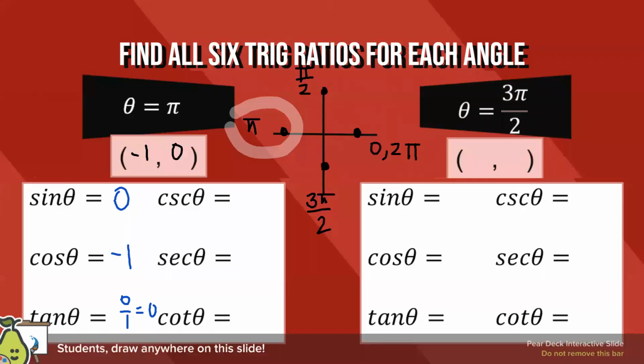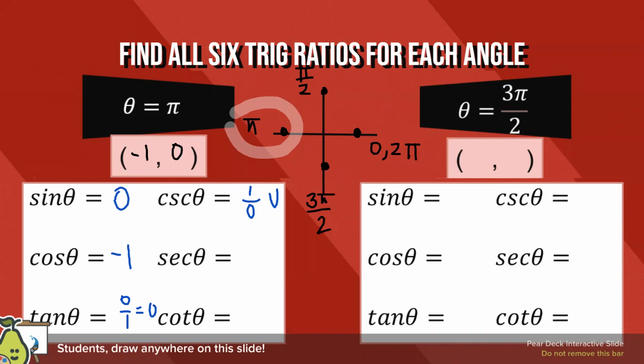So knowing that cosecant, secant, and cotangent are reciprocal functions, go ahead and define what is cosecant of theta, what is secant of theta, and what is cotangent of theta. Remember, we defined cosecant as 1 over sine, so that's going to become 1 over 0. Are we allowed to divide by 0?